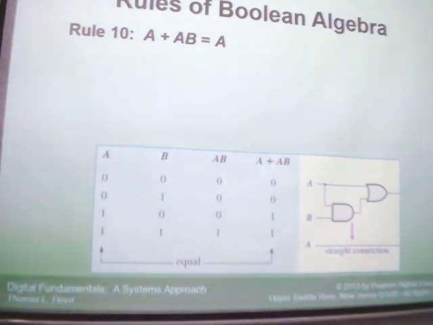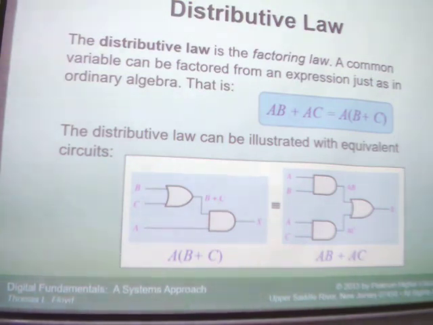We have learned the associative law and the distributive law.